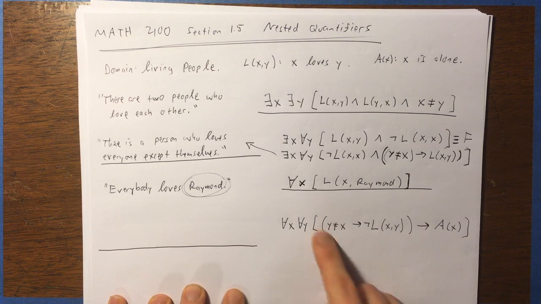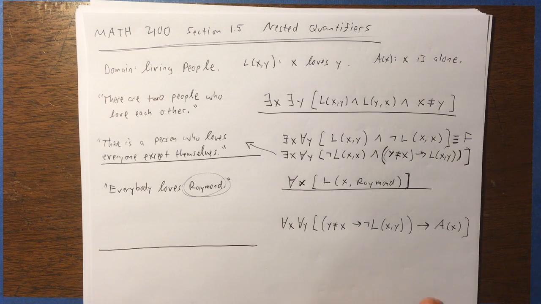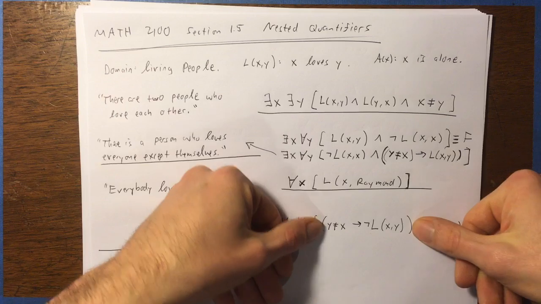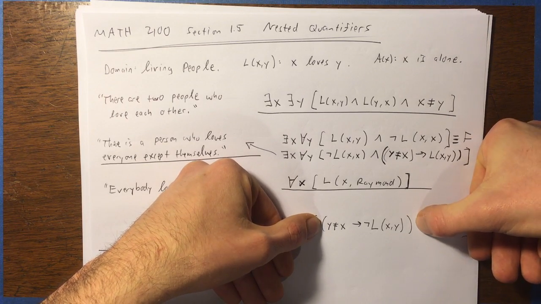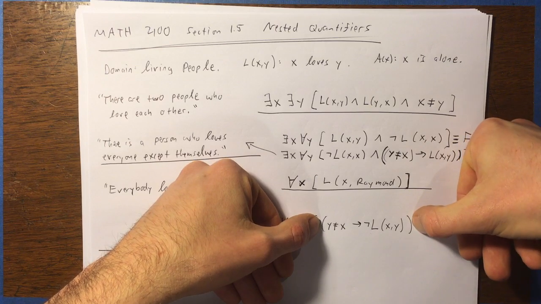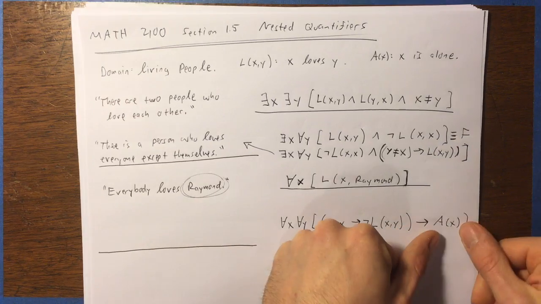So let's consider if X and Y are equal to each other, if you're talking about a person paired with themselves, then the hypothesis here is going to be true vacuously. So that would actually mean that they would have to be alone.